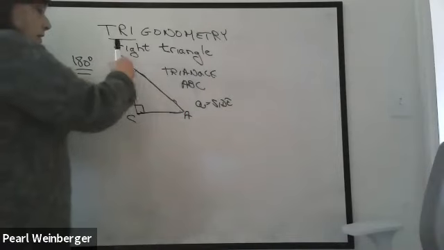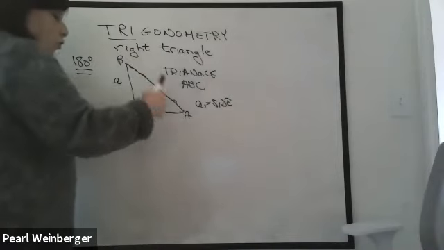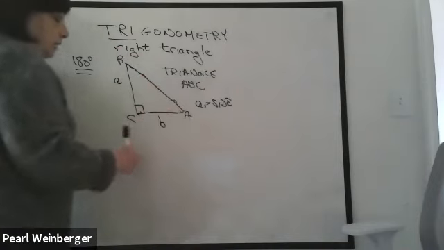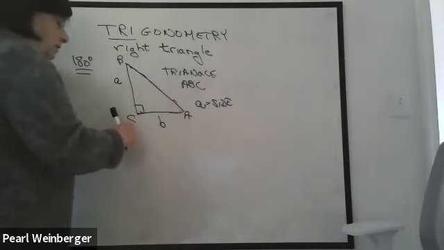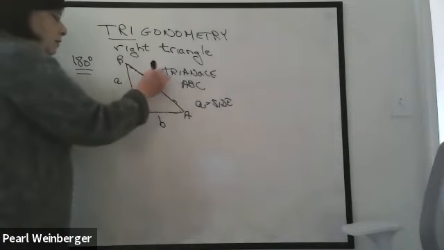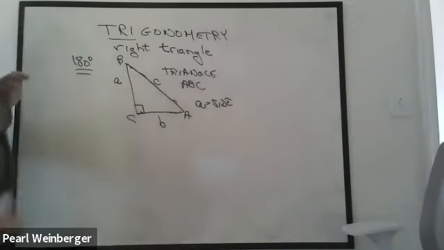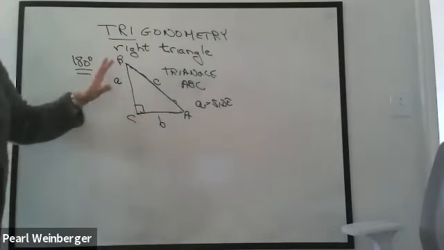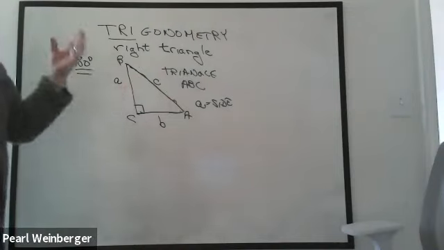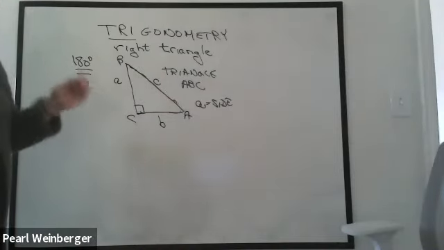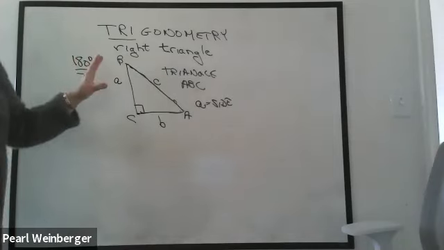Similarly, this is angle B. Across from it is this side. This is lowercase b. And if this is angle C, across from it is this side, and that's called lowercase c. So we're using the lowercase letters for the sides, the uppercase or capital letters for the angles.